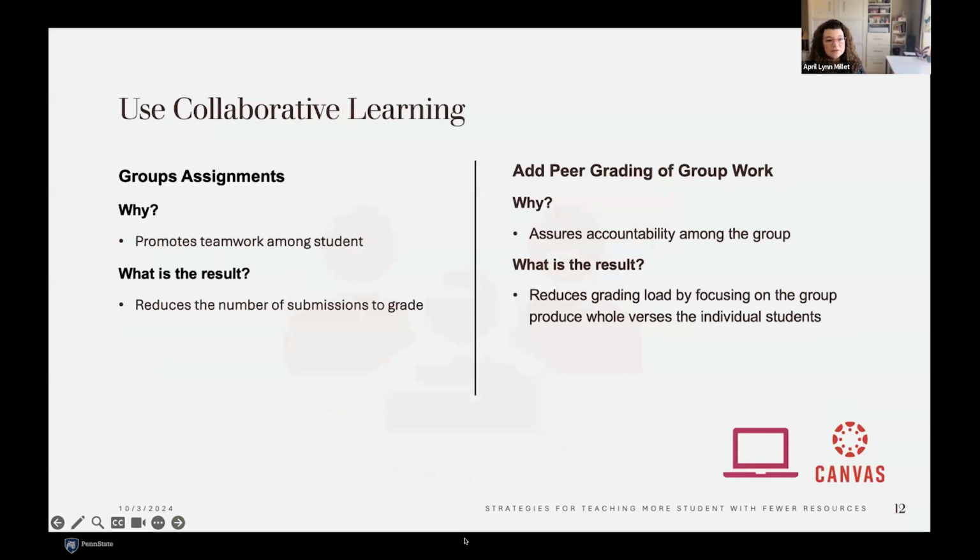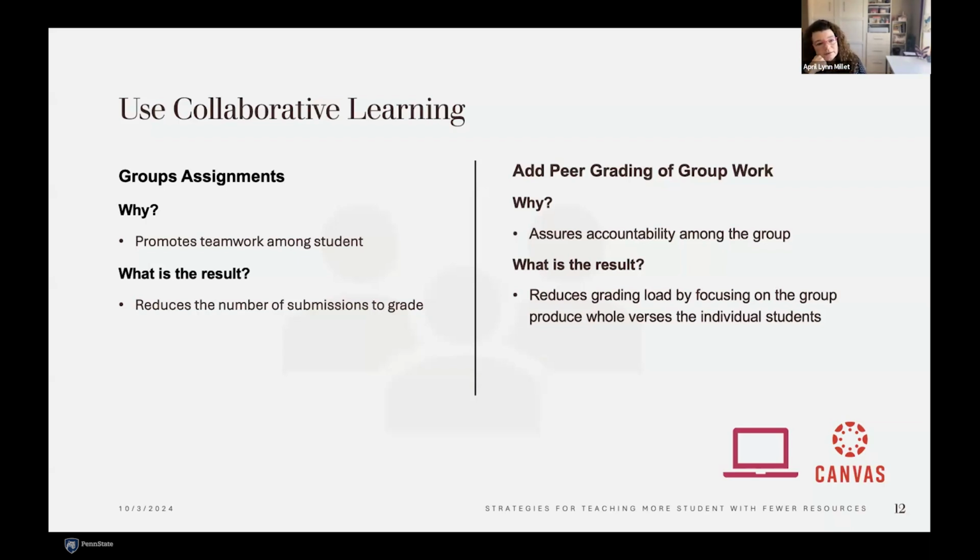So this one is much more obvious. Using collaborative learning. Collaborative learning is an educational approach in which students work together in small groups or teams to complete group projects. Ideally, the focus here is on active learning through cooperation, discussion, and shared responsibility.